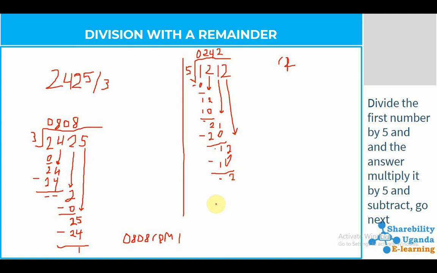Then here we can conclude that 12 divided by 5 is equal to 2, 4, 2. Like last time I told you, you can leave out the 0. You say our answer is 2, 4, 2, remainder 2.